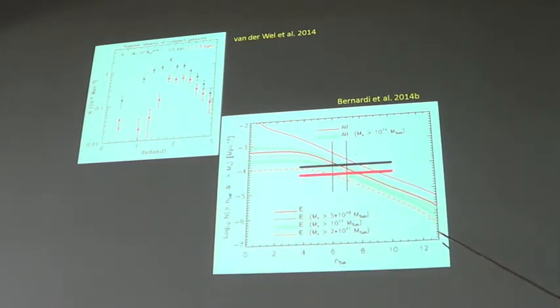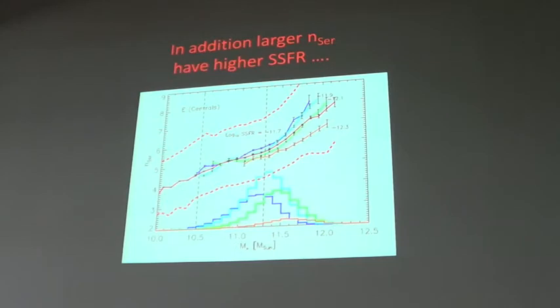And this is just the cumulative number density based on the Sersic index. If we look at the sample with stellar mass larger than 5 times 10 to the 10, this black dotted line, we can see that we cannot get the number above 6 or 7 that they measure at high redshift. So it could be that these high redshift compact galaxies are actually these large Sersic index galaxies at low redshift.